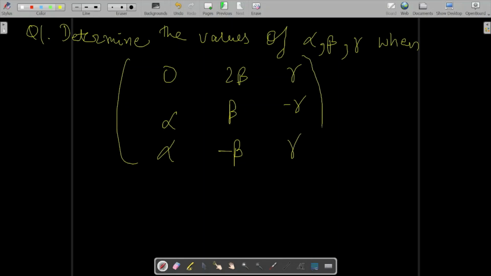Determine the values of alpha, beta and gamma when this particular matrix is orthogonal.